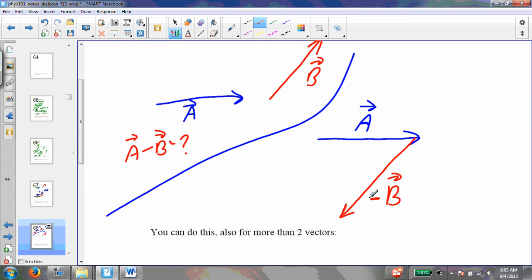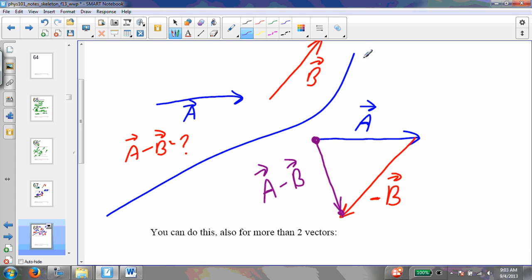So that is my A vector, and then I draw my negative B vector. Now if I want to know A minus B, I'm going to connect these vectors in this way. So that is A minus B. Notice starting at the beginning of A and drawing to the end of negative B gives me A minus B.